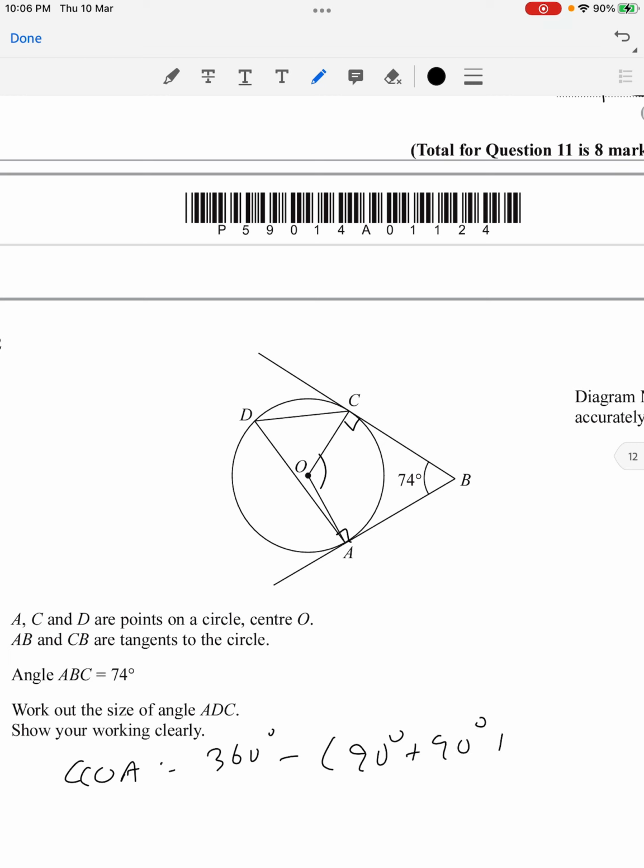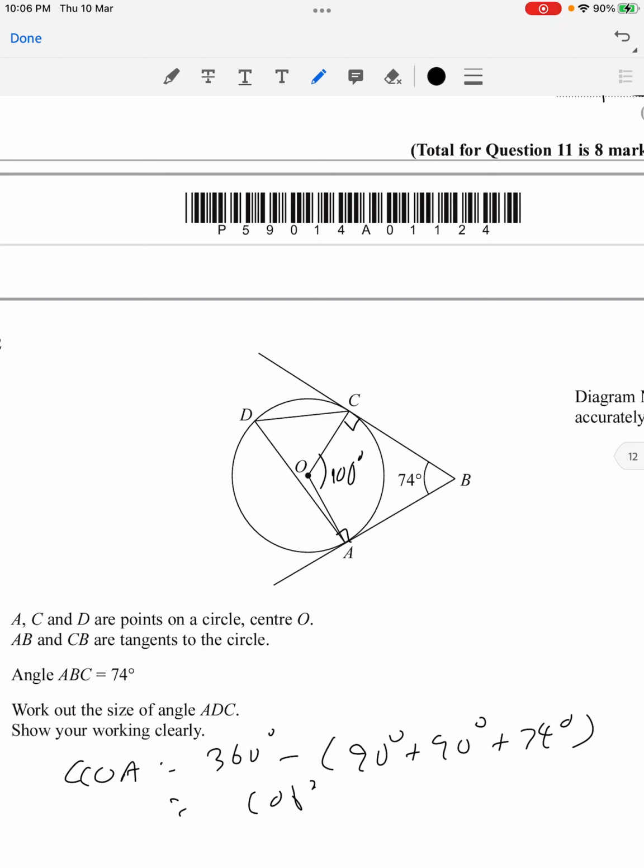I know this because angles in a quadrilateral add up to 360 degrees, right? Once you find that angle, you will be getting approximately 106 degrees. 106 degrees isn't a bad angle actually.